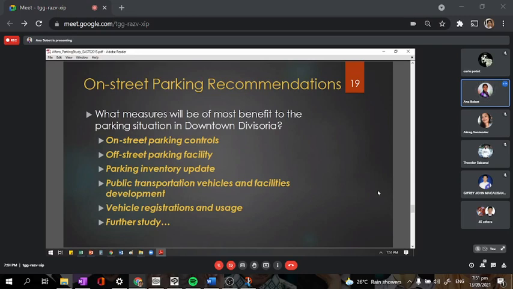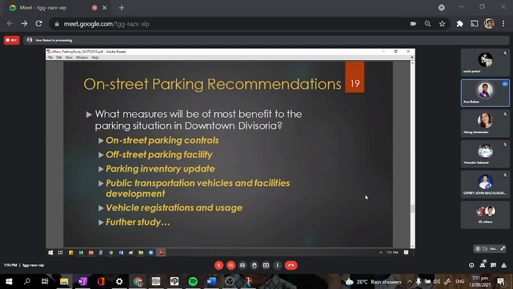And then, public transport vehicles and facility development. So that not so many people use parking, avoid bringing their own vehicles on the road. They should use jeepneys and so forth so that parking requirements in the downtown area are reduced. And then, of course, vehicle registration and usage. Some vehicles should not be allowed to park if they are too big.